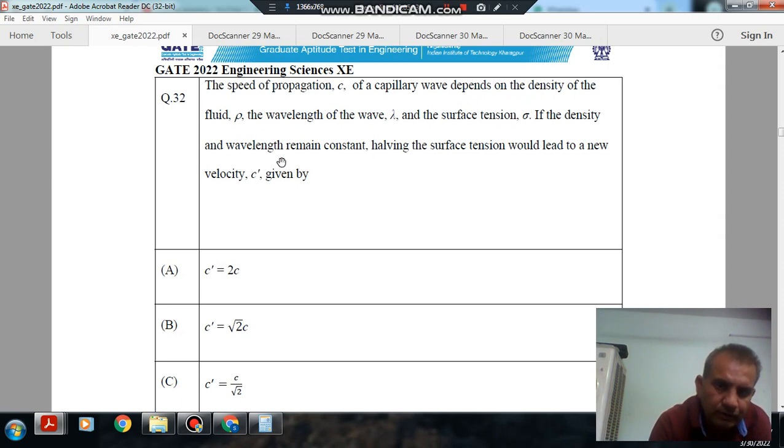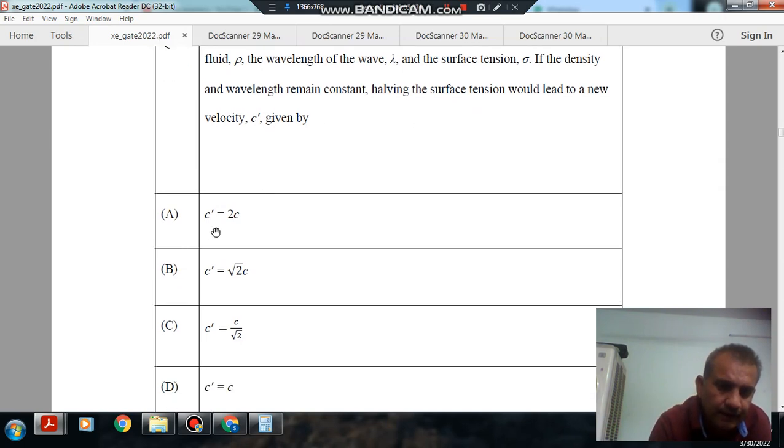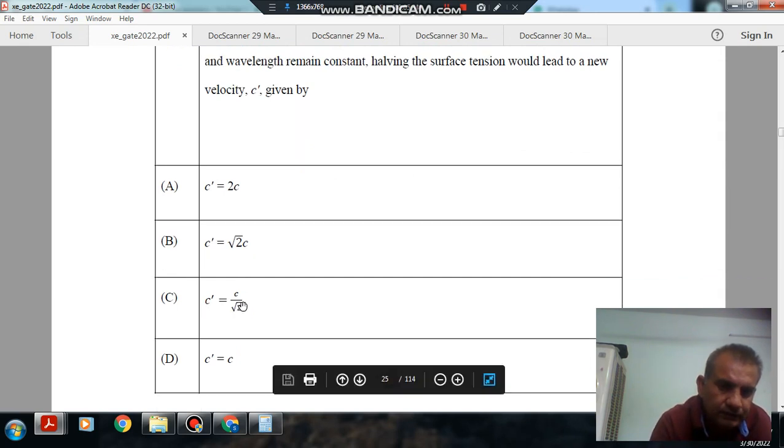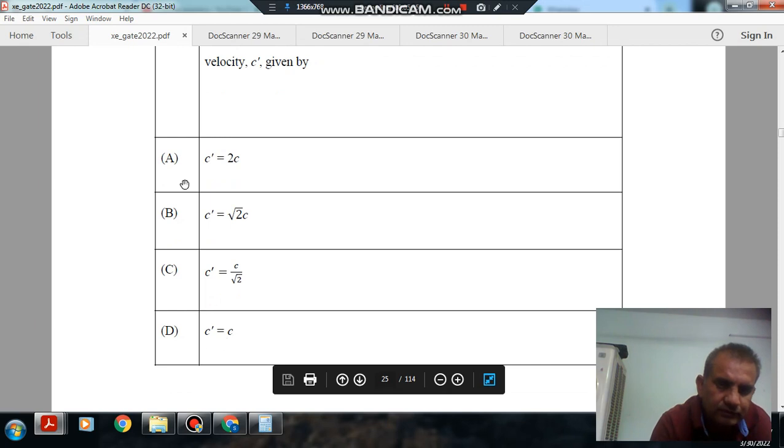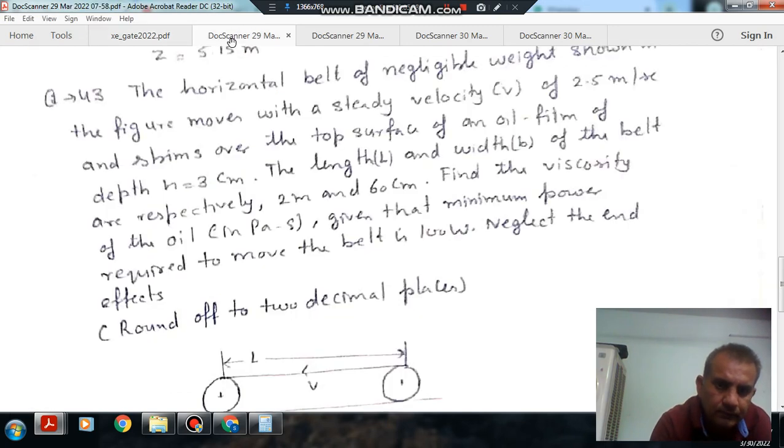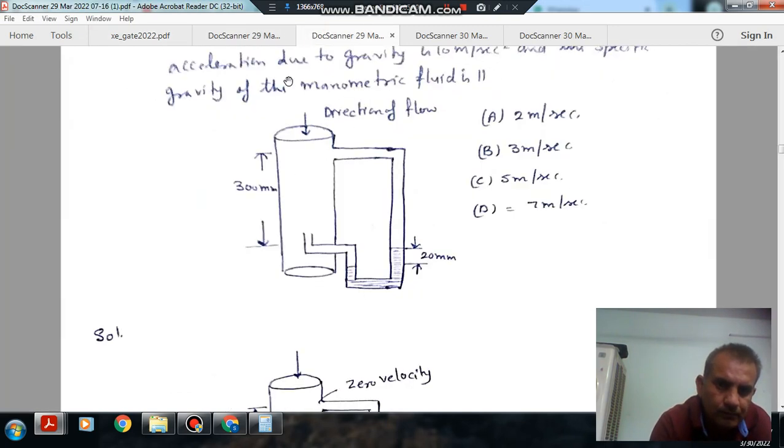If the density and wavelength remain constant, halving the surface tension would lead to a new velocity c dash, given by: A, c dash is equal to 2c; B, c dash is equal to root 2 c; C, c dash is equal to c by root 2; D, c dash is equal to c.